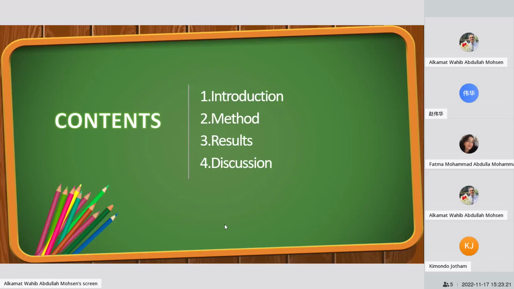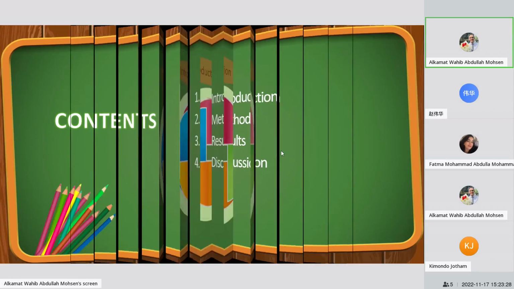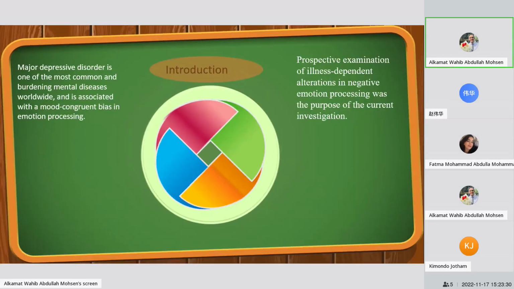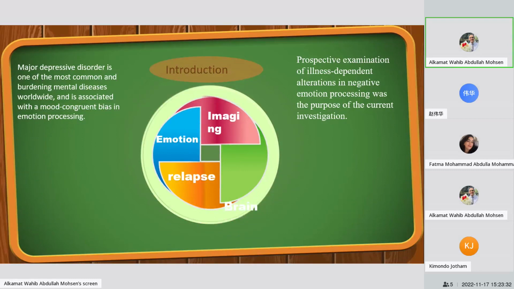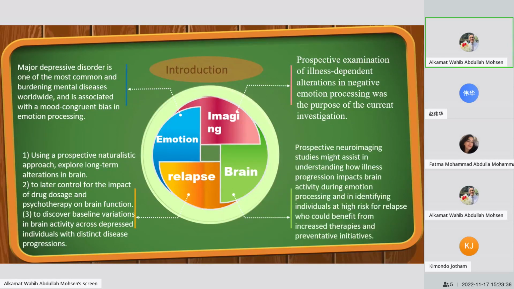So this is my content. First of all, I will start with the introduction. Depressive disorder is one of the most common modern mental diseases in the world, and is associated with a mood congruent bias in the emotion processing.